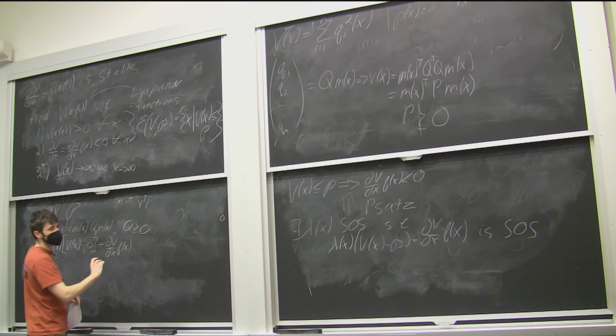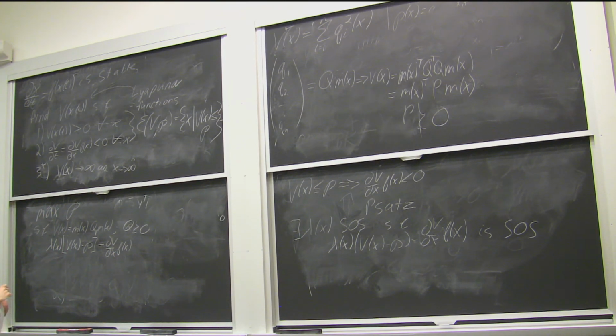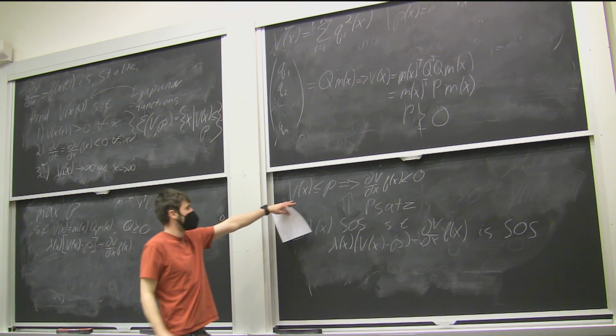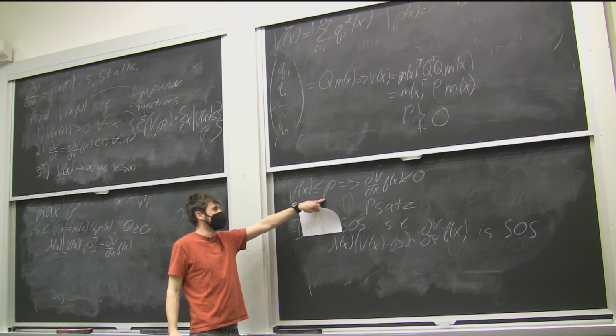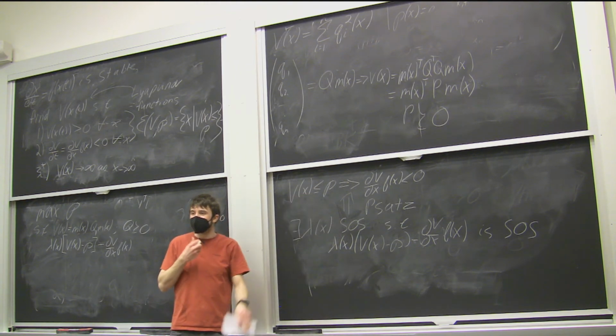Is rho just a constant, or a scalar over the entire domain of V? Rho is the sublevel set. So for all x's which are less than or equal to rho, rho is just some constant that I'm looking for.